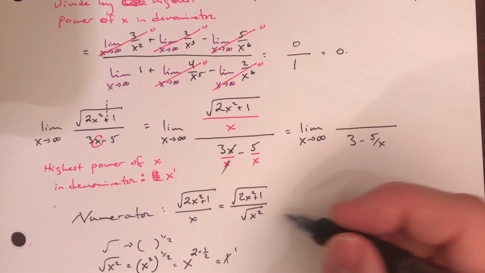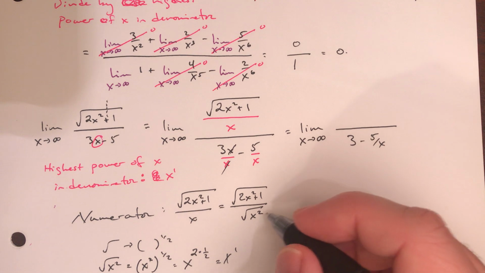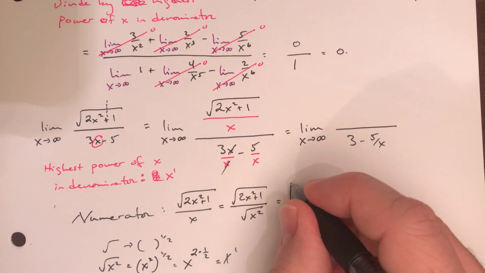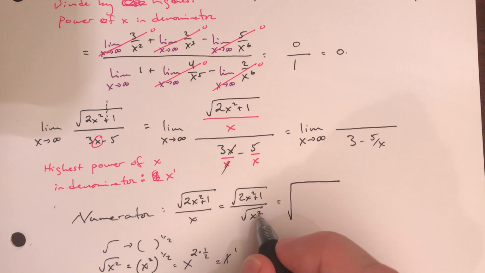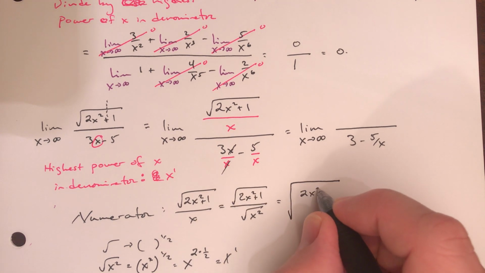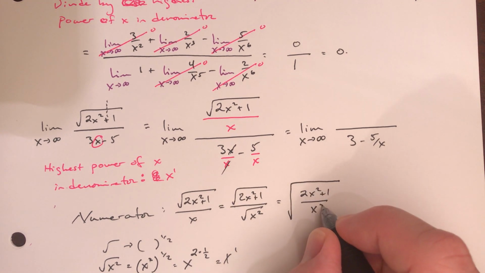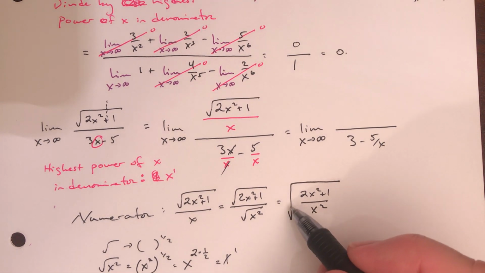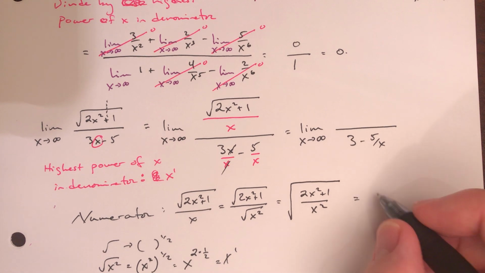But what this allows us to do is push that x squared up into the radical, so that we can combine the radical in the numerator with the radical in the denominator to get 2x squared plus 1 all over x squared, all under the radical.